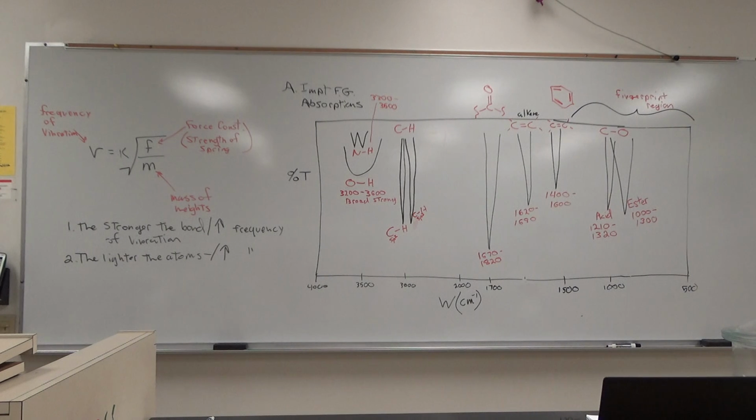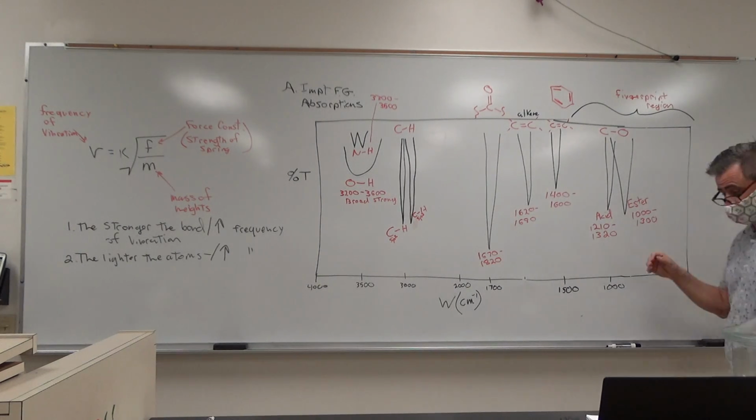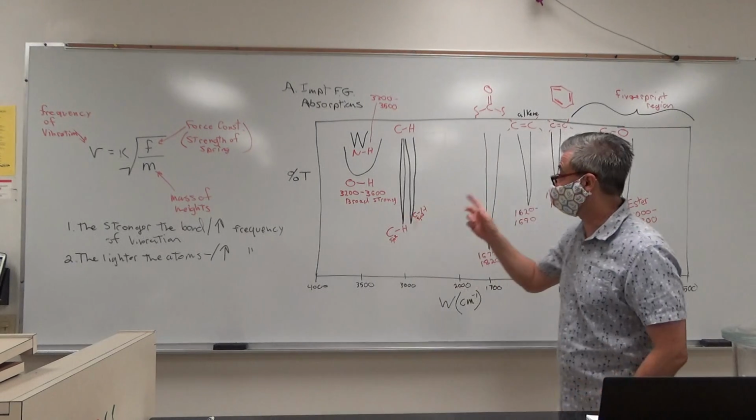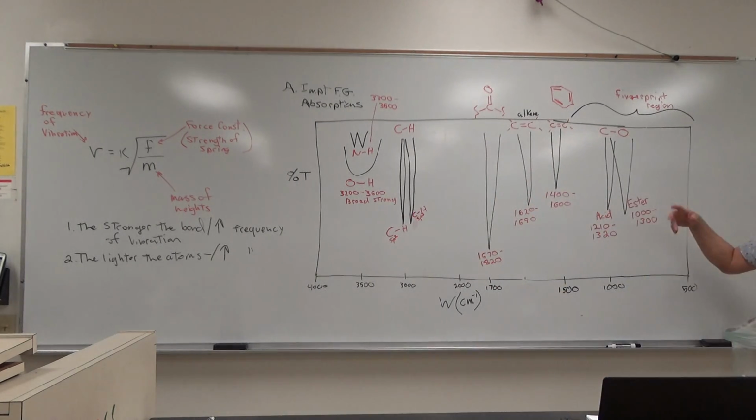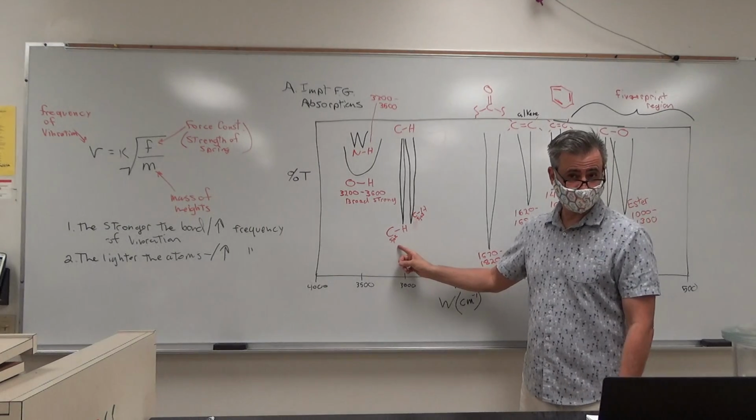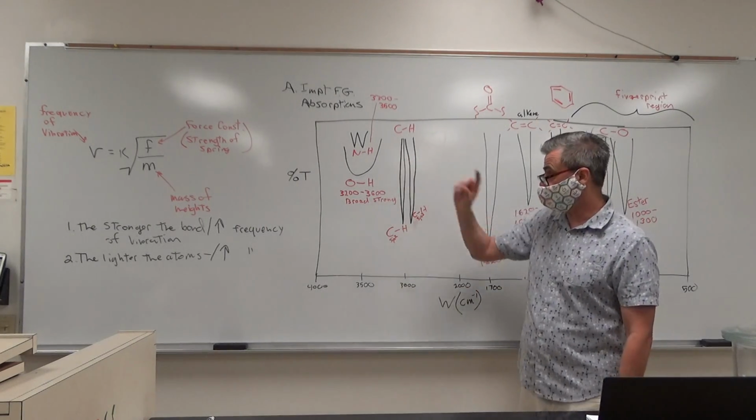Make sense? So one of the things for your assignment is you're going to take an IR spectrum, and look for what kinds of things you could have on your molecule. You've got carbonyls, carbon to oxygen double bonds, or single bonds. You've got sp2 CHs. You should have an OH.